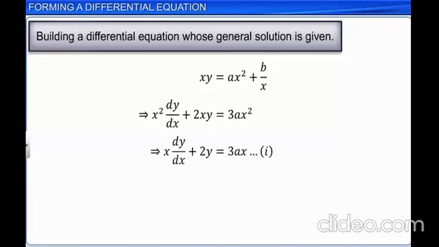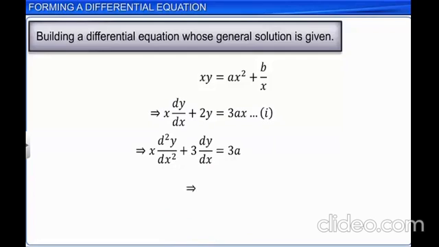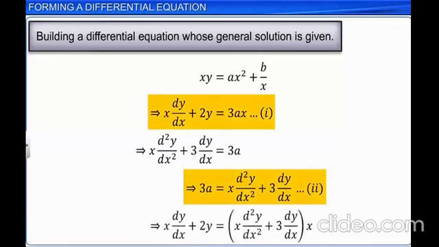Again, differentiating both the sides with respect to x, we get x into d square y upon dx square plus 3 into dy upon dx is equal to 3a. Let us denote this equation by 2. On substituting the value of 3a from equation 2 in equation 1, we get the expression as shown here.